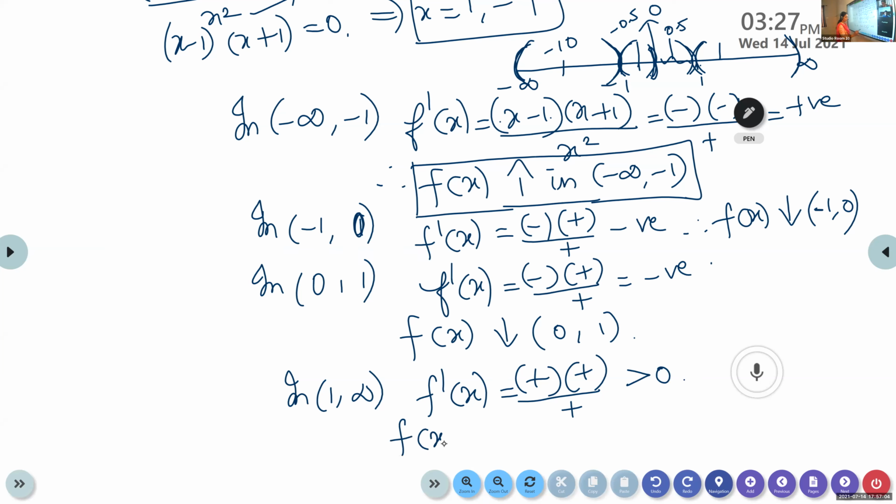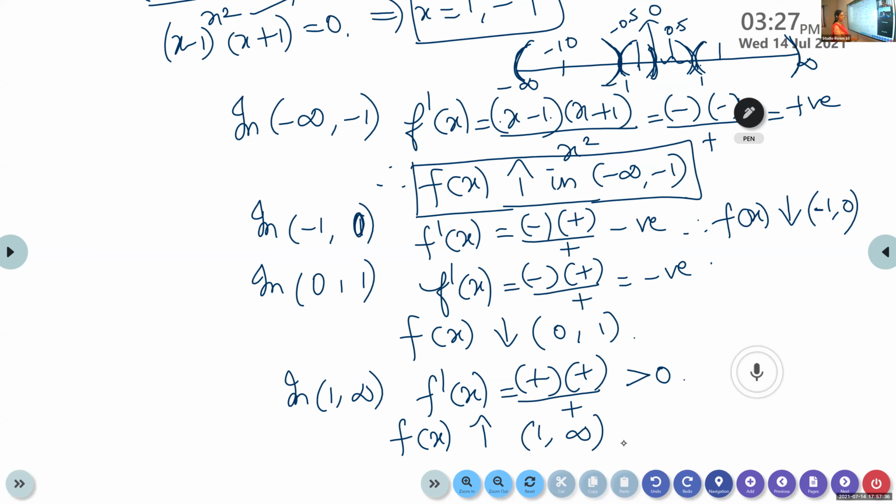So we can say f of x is increasing in the interval 1 to infinity.